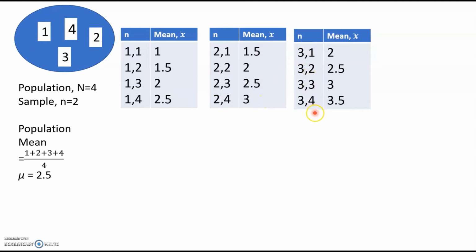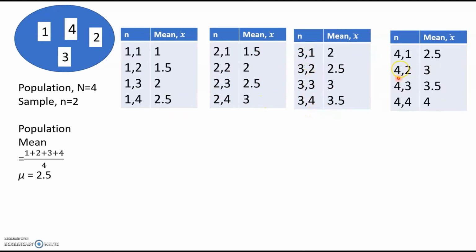Similarly, for number 3, the different combinations, and for number 4, the various combinations are here. Right, so here you can see all the means are mentioned. So these are the means of the different samples that we can take from this population if our sample size is 2. Let me map all these means on a table.